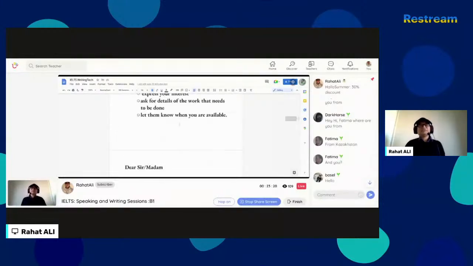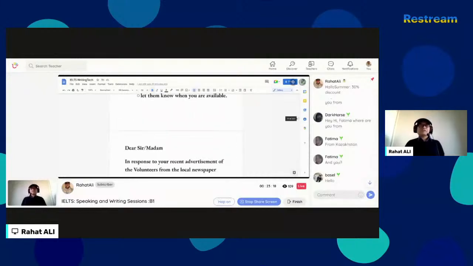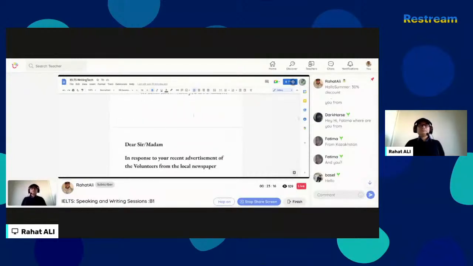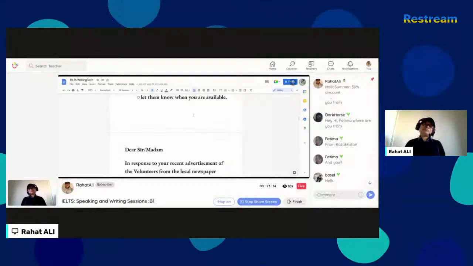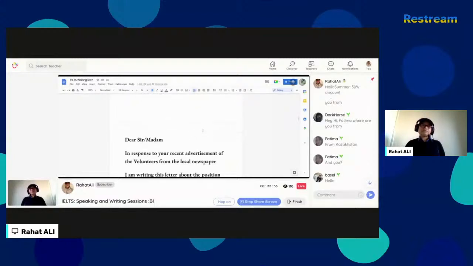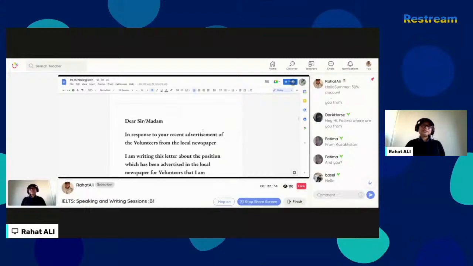So we start with this. Because you don't know who is the employer, remember it should be a formal letter, and we must use Sir or Madam. So, Dear Sir or Madam, in response to your recent advertisement for volunteers in the local newspaper, I'm writing this letter about the position which has been advertised.